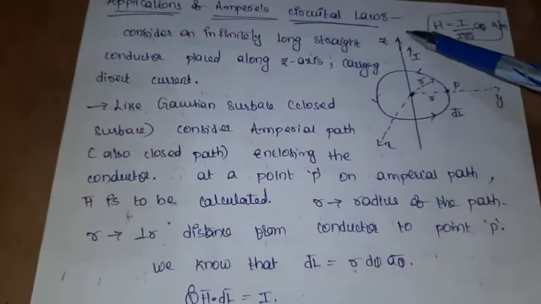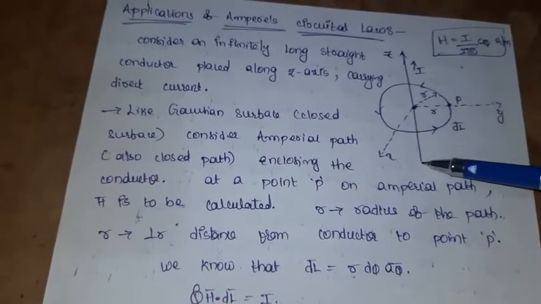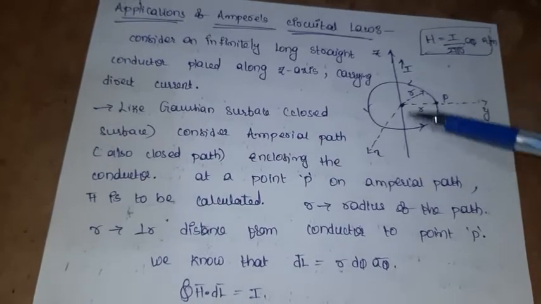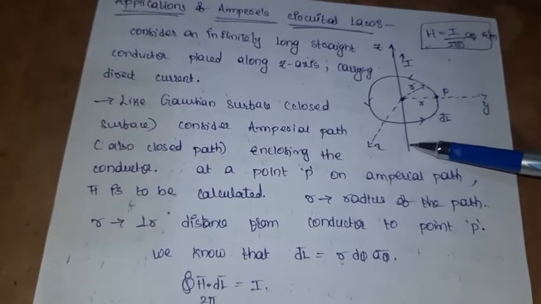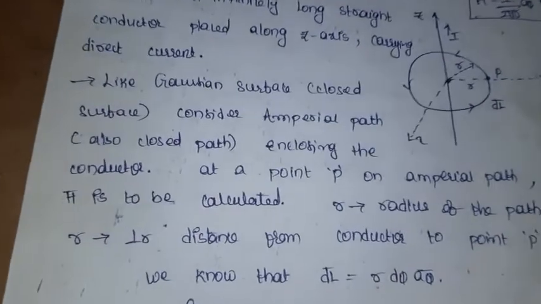Here I am considering an infinitely long straight conductor along the z axis, carrying a direct current. A Gaussian surface is always a closed surface.